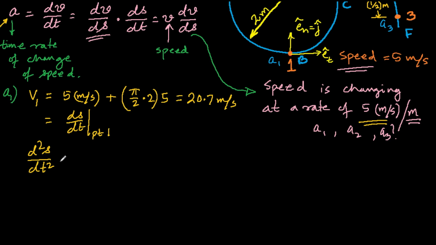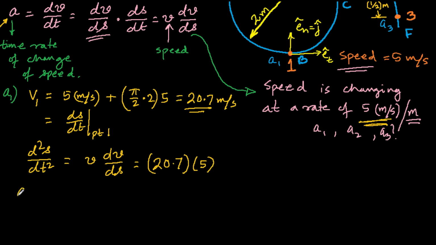We say that it is velocity at that point times dv by ds. So what's the velocity? Velocity times dv over ds. Velocity has been calculated to be 20.7, then dv by ds is 5. So that's the value of d square s by dt square.